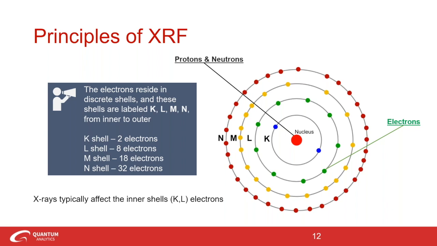So we're going to get into a bit of the principles here. What you'll see in the center of the atom is that nucleus. It's made up of protons and neutrons. Each proton carries a positive electrical charge, but the neutrons carry no electric charge. So the nucleus of the atom is positively charged because of its protons.